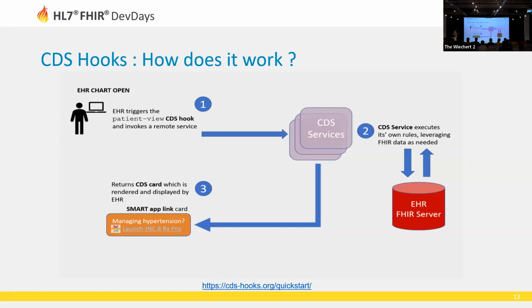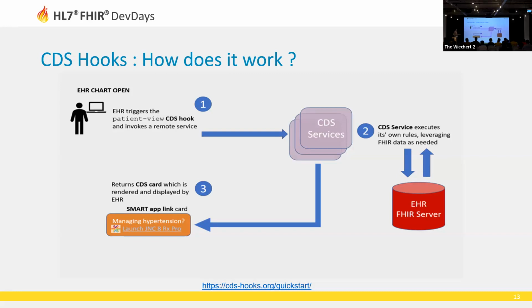For example, patient-view will give the patient ID of the patient viewed, and this will automatically be transferred to the service. And you can also have what's called prefetch. Prefetch is basically the service saying, I can be called on patient-view, but if you do call me, I need this or this or this information. So you prefetch information for me, and then you can just push it to me.